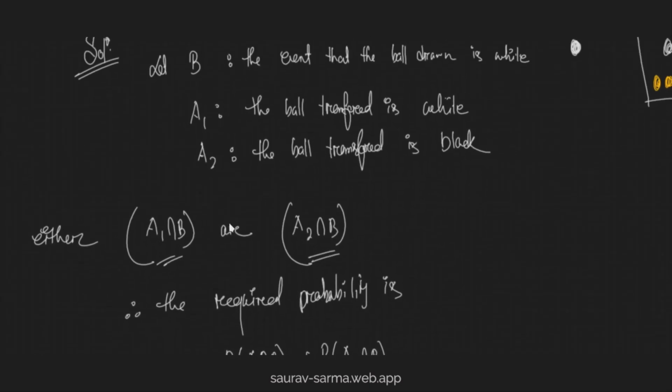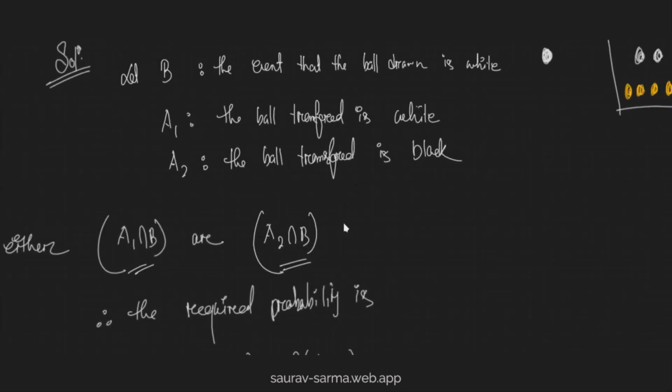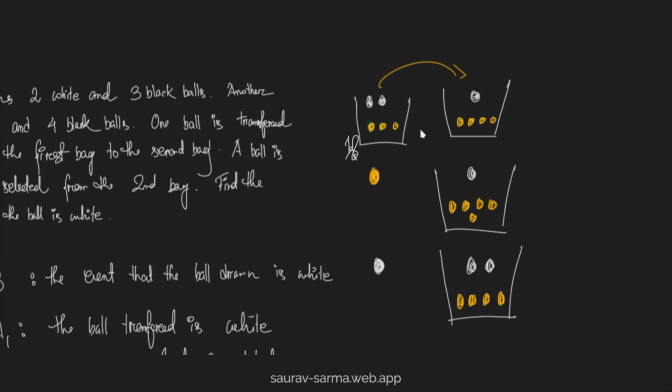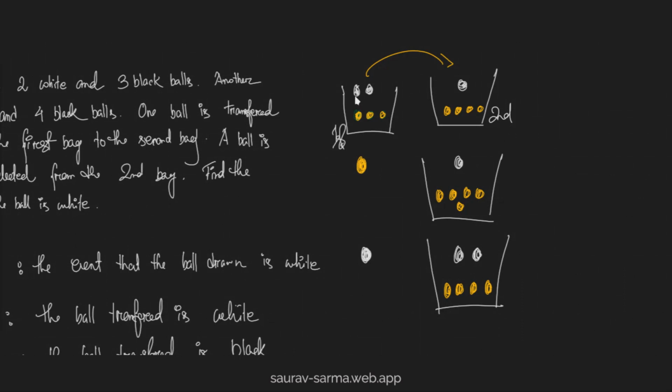Probability of A1 means the ball transferred is white, from the first bag to the second. There were 2 white balls out of a total of 5, so the probability will be 2/5.